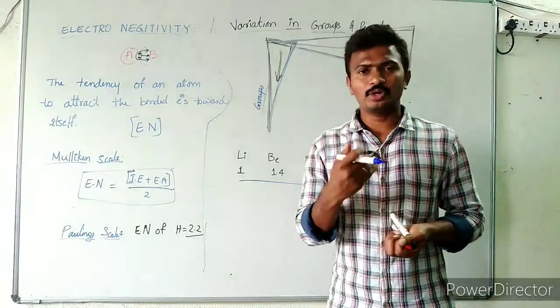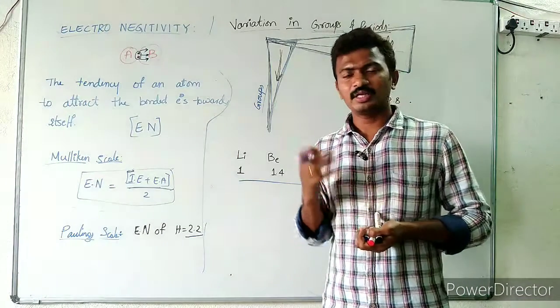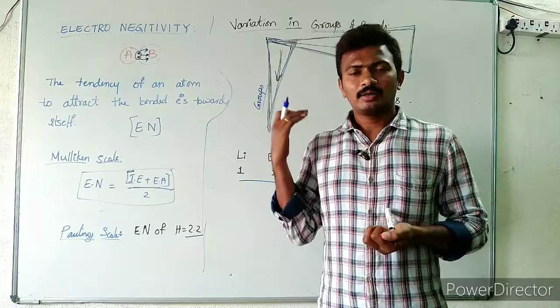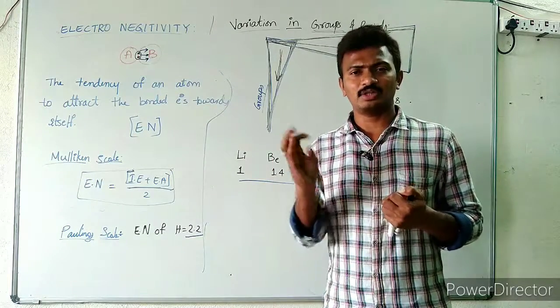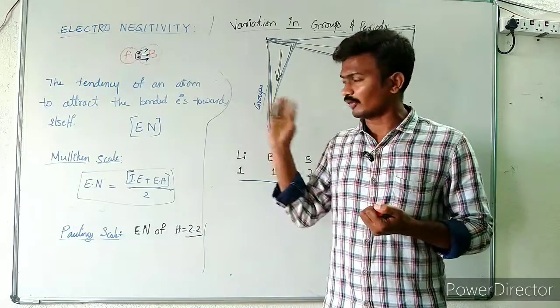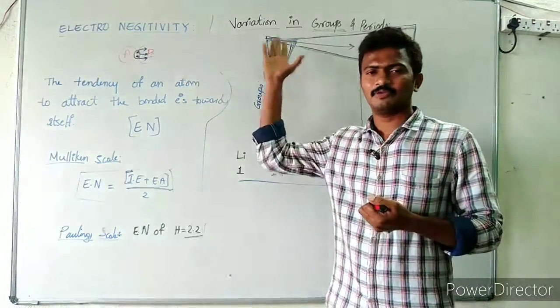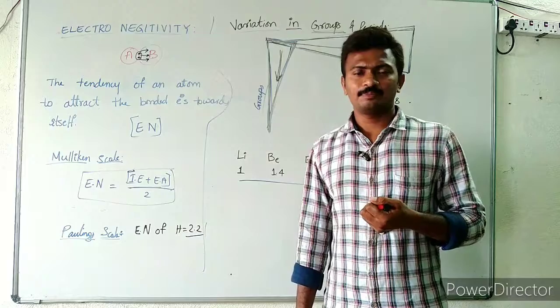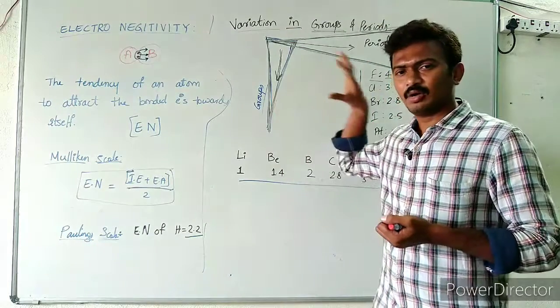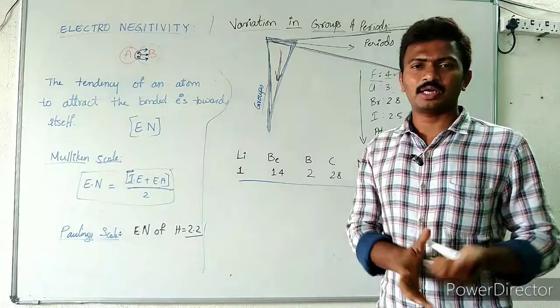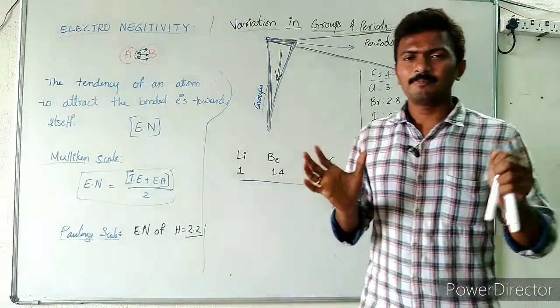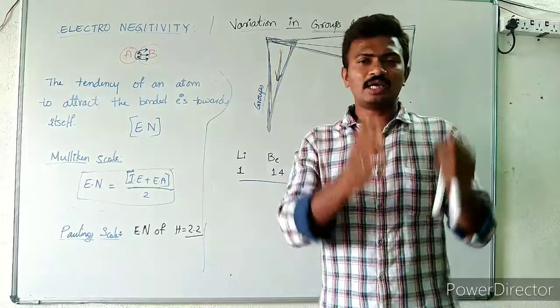Now, variation. Before going to variation in groups and periods, let us also discuss the factors affecting electronegativity. What are the factors that affect ionization energy and electron affinity? The same factors will affect electronegativity. Remember those factors and apply them here in the case of groups and periods, and definitely you can understand the variation. Simply imagine the nuclear charge.